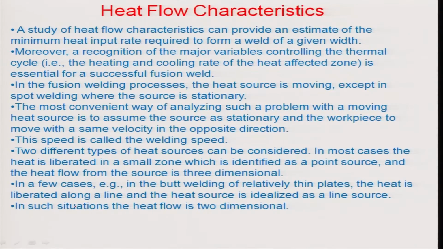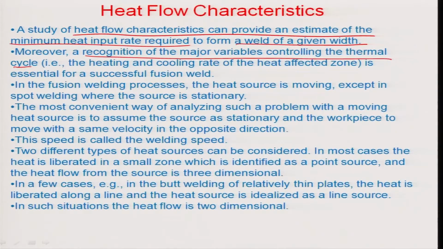So, a study of heat flow characteristics in this case also is going to provide an estimate of the minimum heat input rate required to form a weld of given width, okay, and moreover a recognition of the major variables controlling the thermal cycle, that is the heating and cooling rate of the heat affected zone, etc., is essential for a successful fusion weld, because in fusion welding the heat source moves laterally.